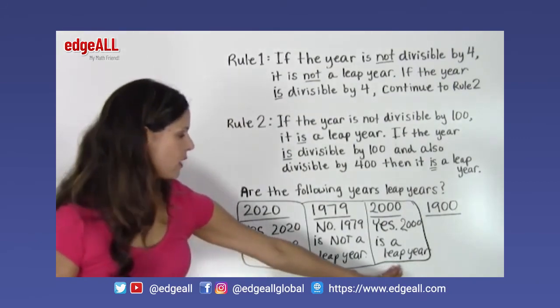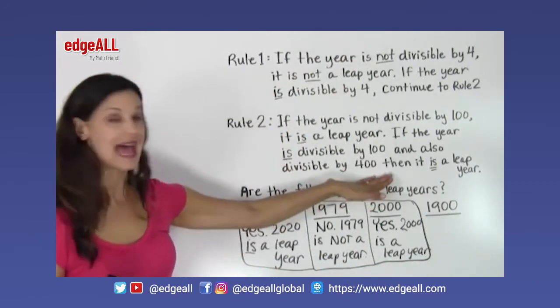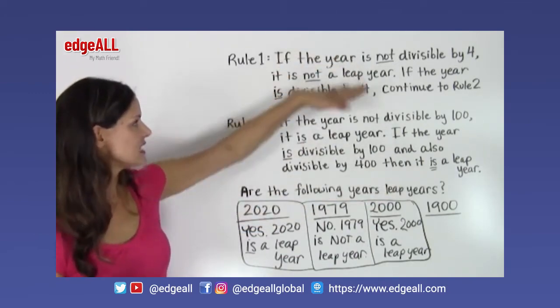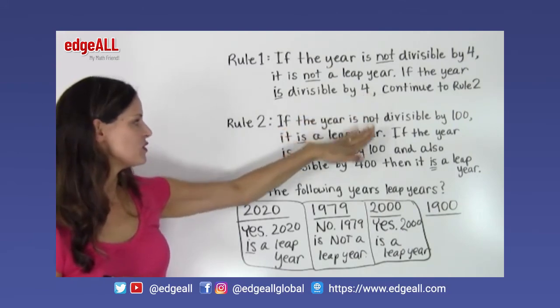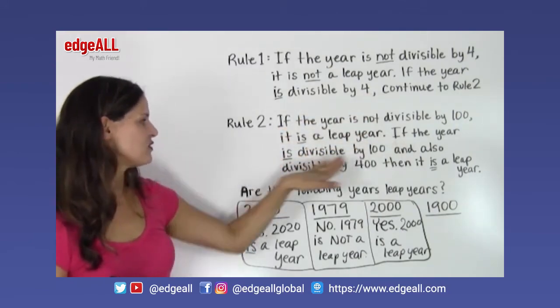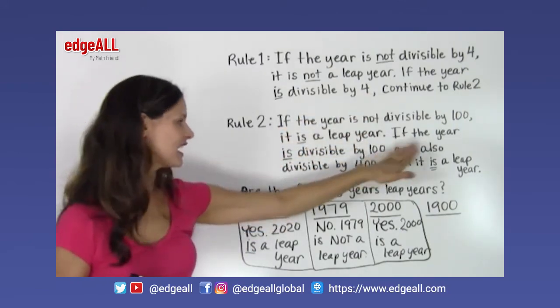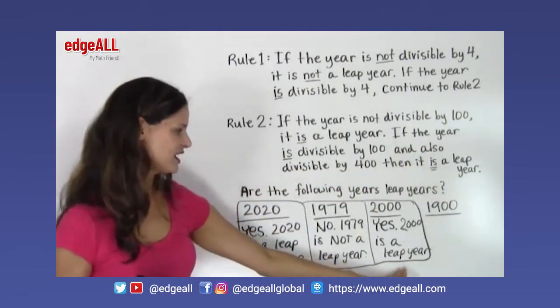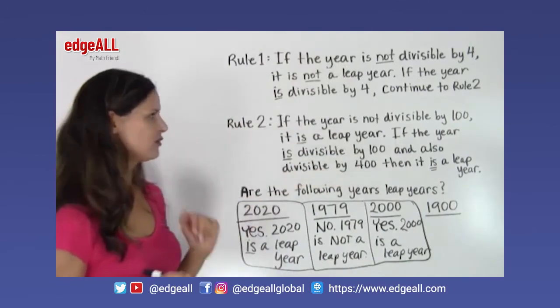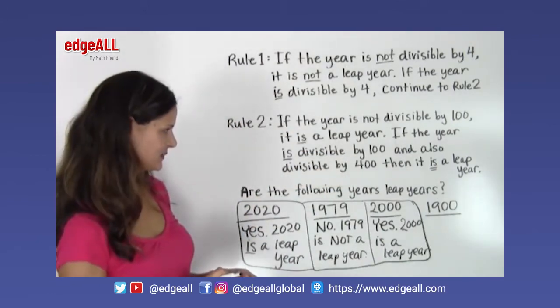So we found that one by going through the whole set of rules. We first found here that 2000 is divisible by 4. We moved down here and we saw that 2000 is divisible by 100 and also divisible by 400, making it a leap year. So this one we had to follow down all the way to the end of our rules.